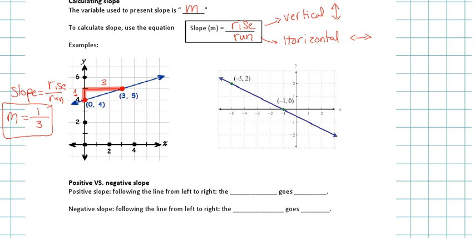Now, I have my 2 points, right? So my point is right here. What am I doing here? Down how much? 2. Down 2, right? So that's 1, that's 2. Okay? So that's down 2. That's why it's negative, because it's down.